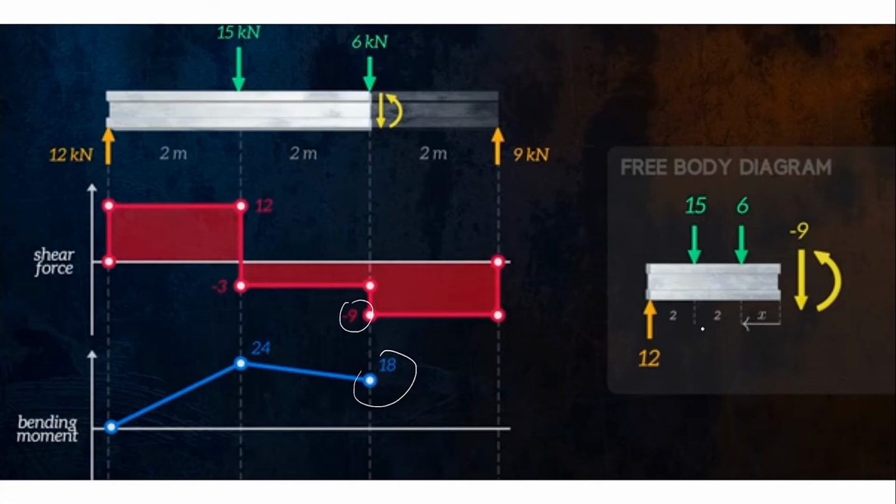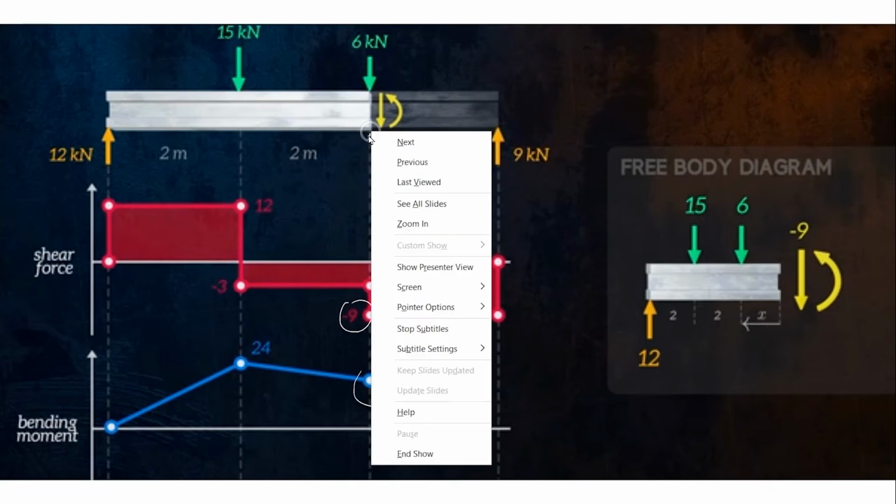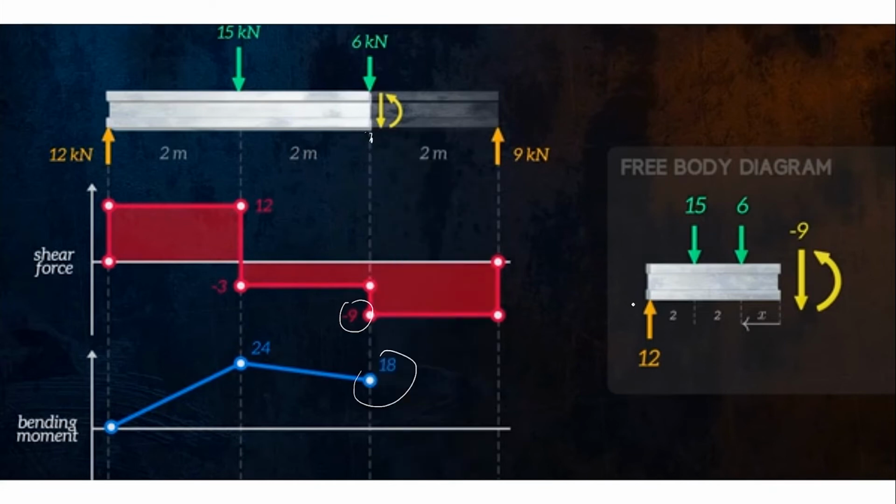O, dito muna sa free body diagram ng portion na 6. Dito tayo sa portion ng 6, 'di ba? Ito yon, 6 kilonewton. Ang mga concerned na sa forces sa free body diagram is there is a 12 kilonewton going upward, and there is a 15 at a distance of 2. Then there's a 6 at a distance of 2.